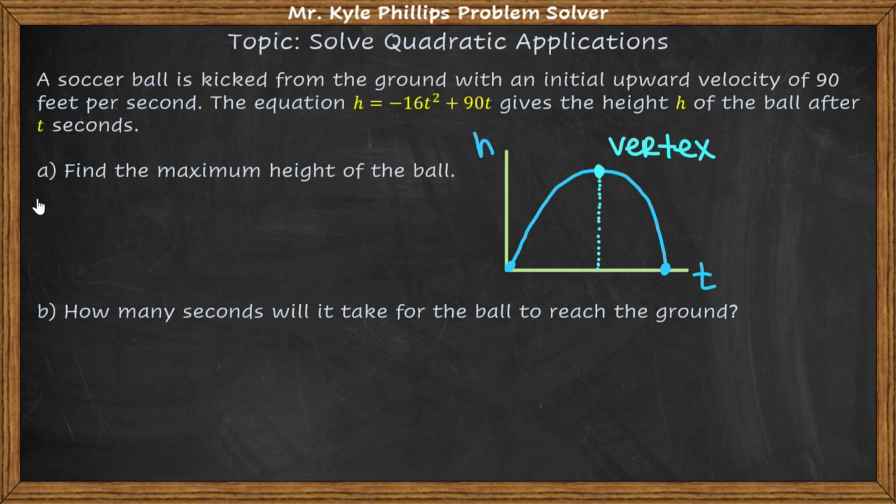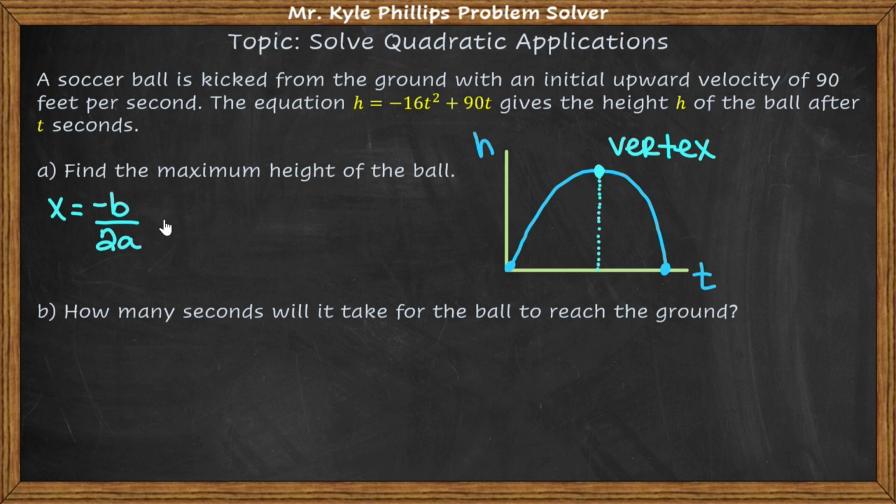And we know how to find the x value of a vertex, because we would have to find the axis of symmetry. So if you don't remember that, that is x equals negative b over 2a. This is what we need to find at what time the ball will have a maximum height.